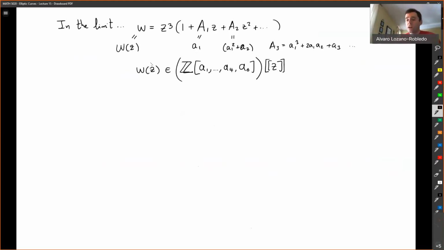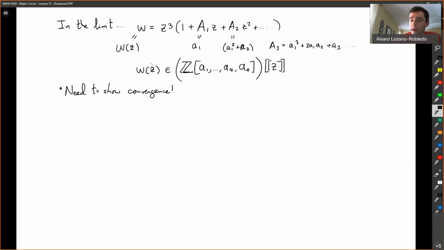Okay. So here, what we actually need to show is that this converges to some power series of this form.